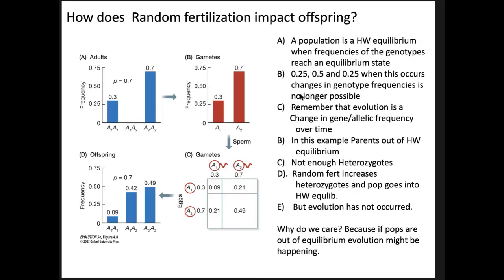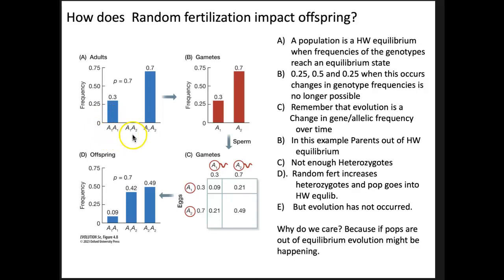Okay, so let's look at what's going on with this parental population and this offspring population. I want everybody to look up here on the top left with the parental population. And so what we're seeing here down at the bottom, we have the A sub 1, so that's going to be in our particular example our homozygous dominant individuals.